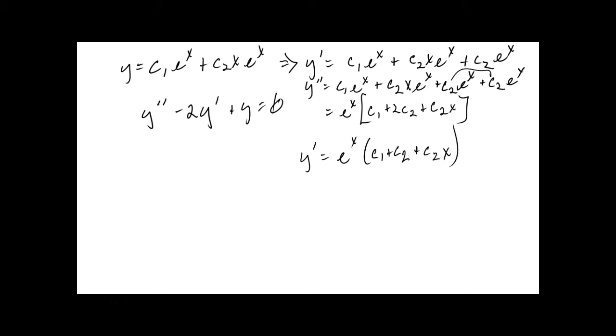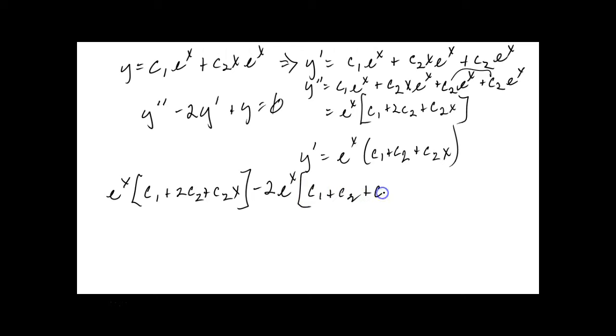I don't need parentheses and brackets too, but whatever. Y double prime is e to the x times (C1 plus 2C2 plus C2x) minus 2 e to the x times (C1 plus C2 plus C2x), right?